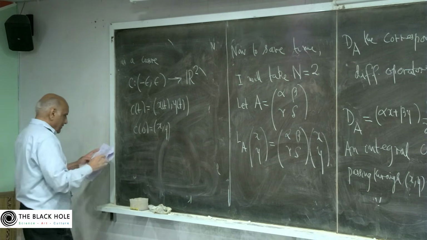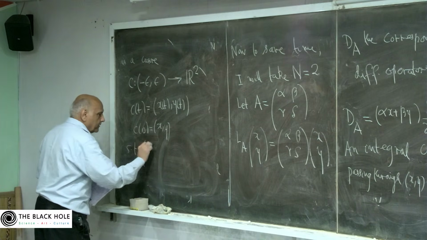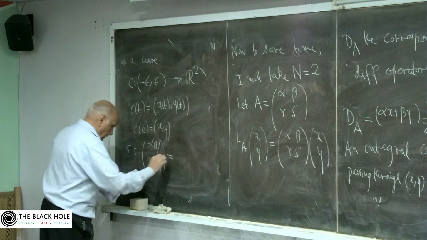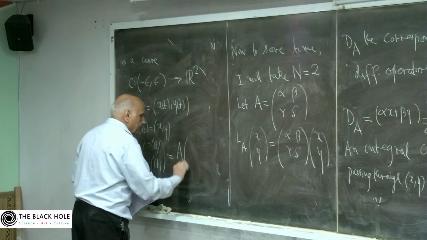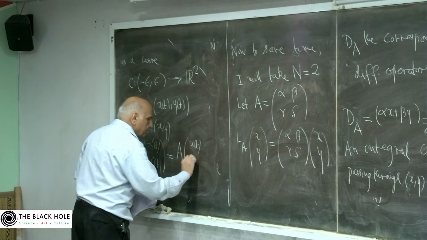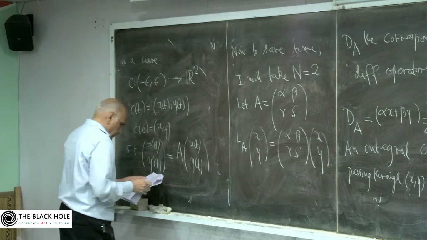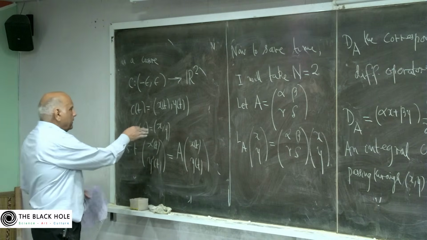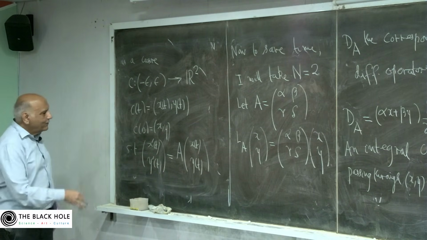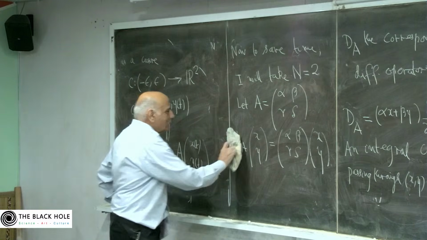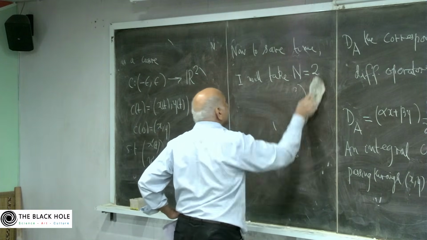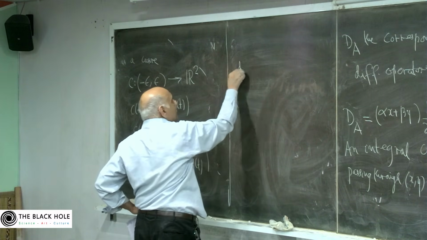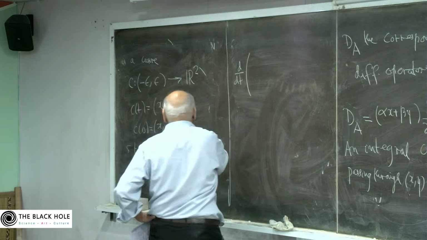It's a curve C(t) such that (x'(t), y'(t)) is equal to A times (x(t), y(t)), and of course C of 0 is the point (x, y). Does it not look very familiar? If you write it like this, d by dt, this is the definition of the integral curve.